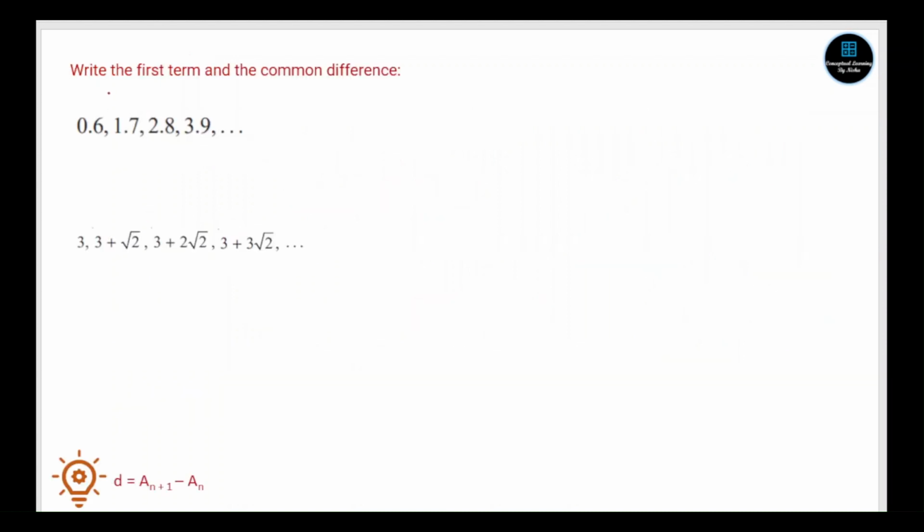We have to write the first term and the common difference for the given AP. How to find the common difference? First of all, the first term is 0.6.